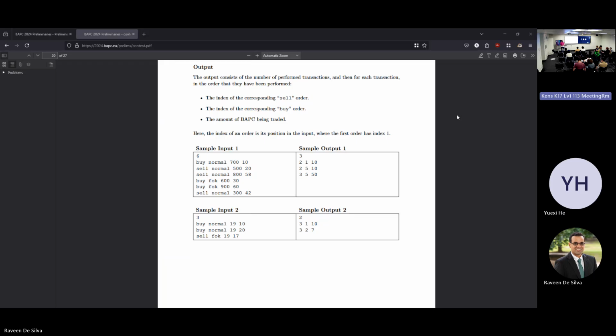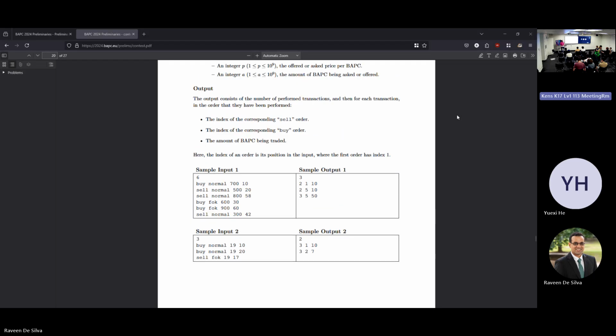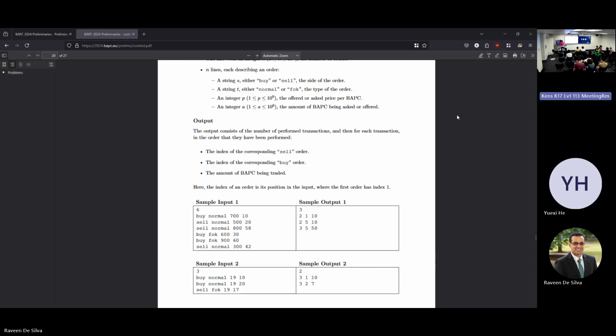If we start to see what happens, we first have a buy order for 10 shares at 700. So someone is proposing to buy 10 shares at a price of 700. The next person comes along and wants to sell 20 shares at a price of 500. So what happens?